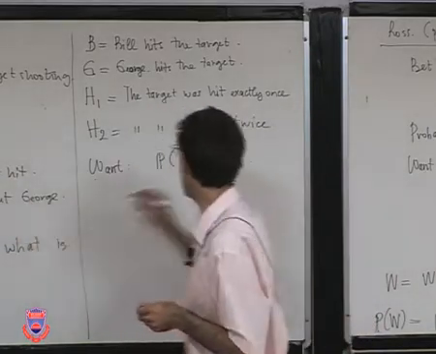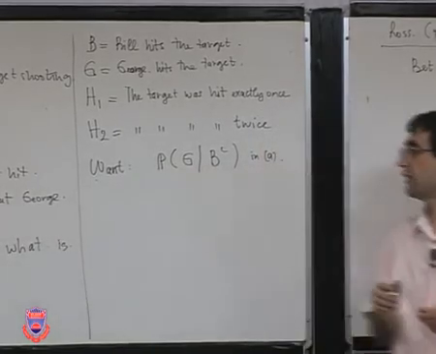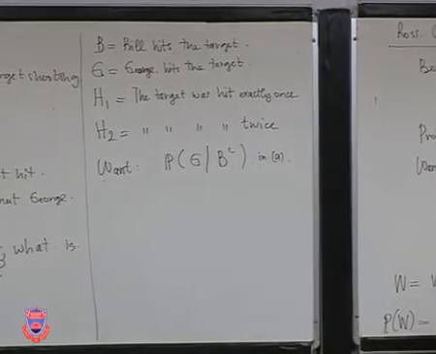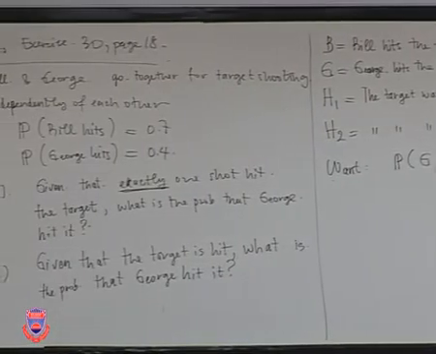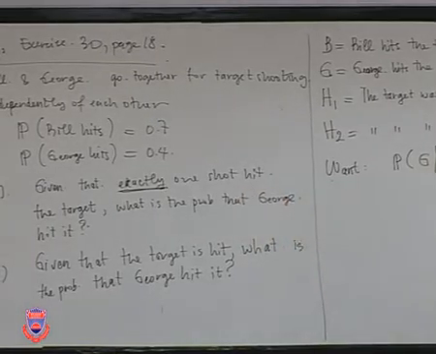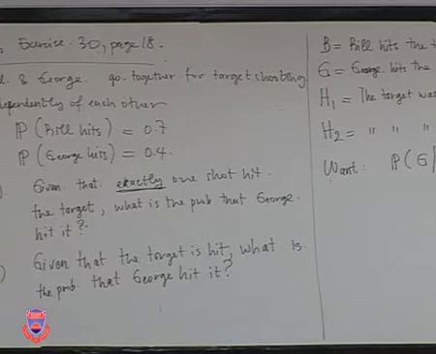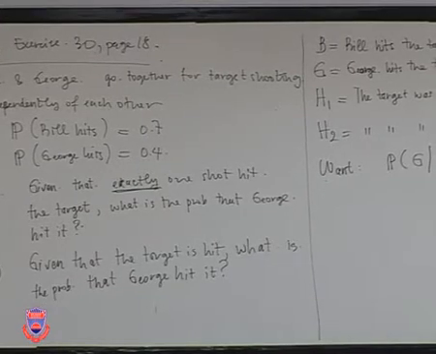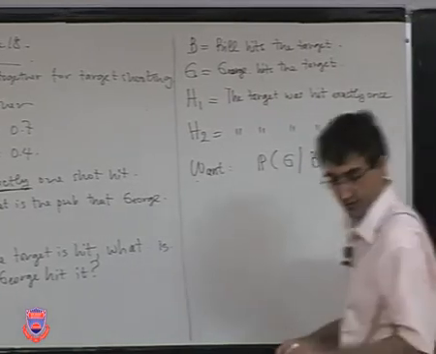So in part A, let me write it. The probability that George hits, that's this part. Given that exactly one shot hit the target. I see you are saying it toward the end. Okay, intersection.